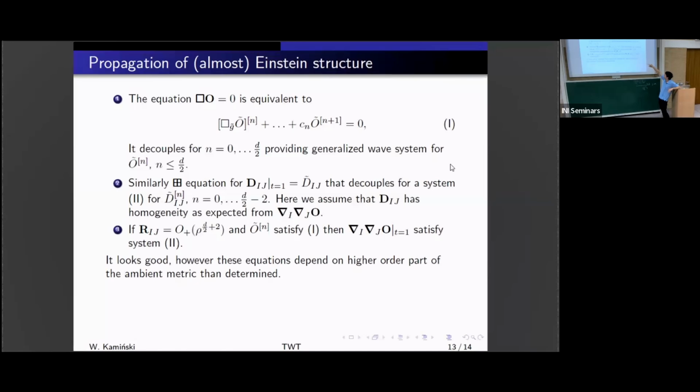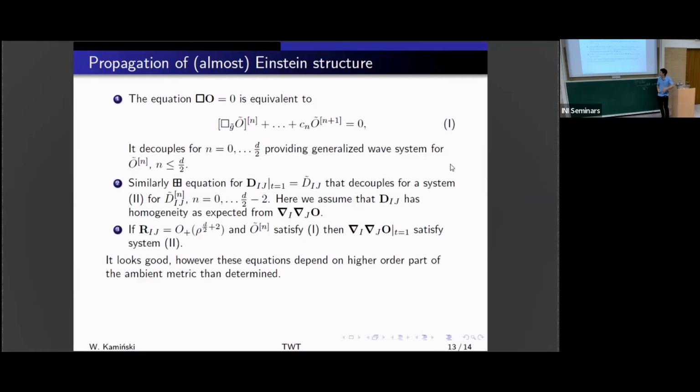And in fact, one can check that if one expands this Laplacian, this D'Alembertian, in rho, one can again show that it forms a generalized linear wave equation. So they also decouple. So this Cn is equal to 0 for n equal d by 2. So it's providing us equations only for the first d by 2 plus 1 terms, so from 0 till d by 2. Okay.